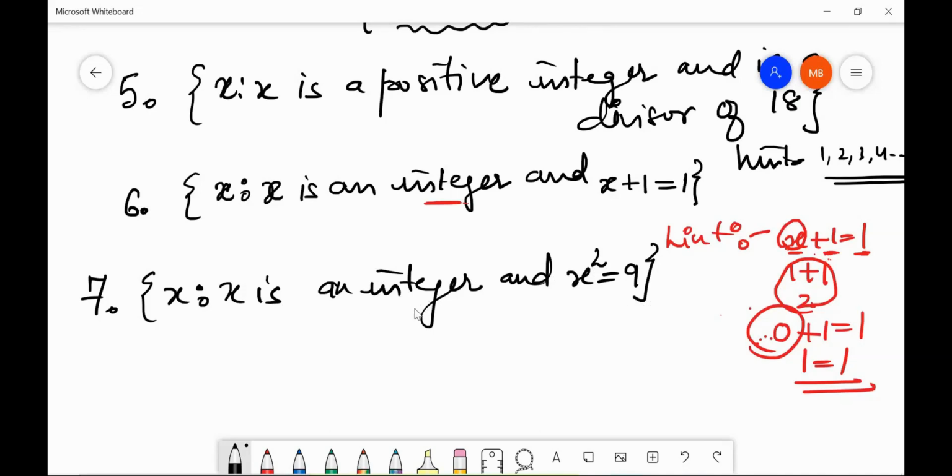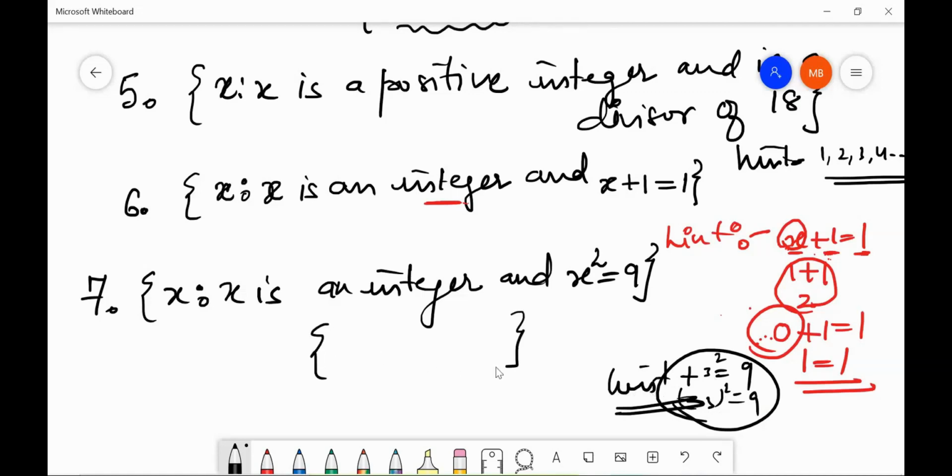So again I'm talking about integers, so you know that (+3) squared is 9 and (-3) squared is also equal to 9. So this is another hint. Keep this in mind before you try to convert this into the roster form. Okay, so these questions will be your assignment.